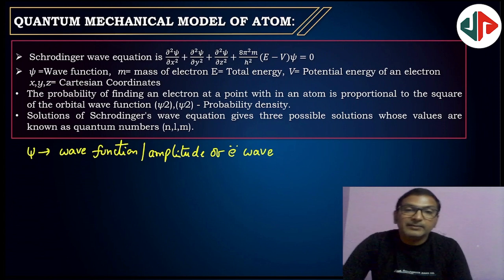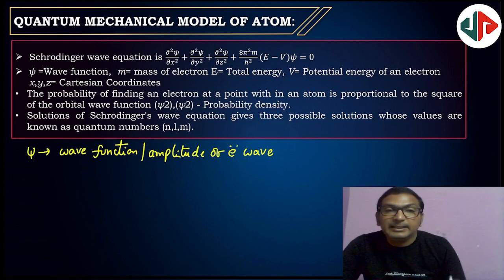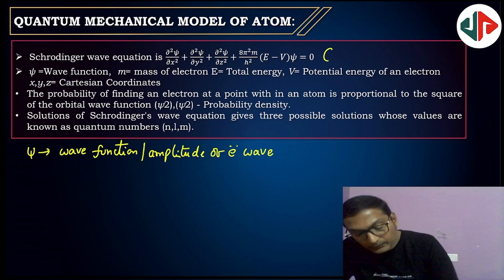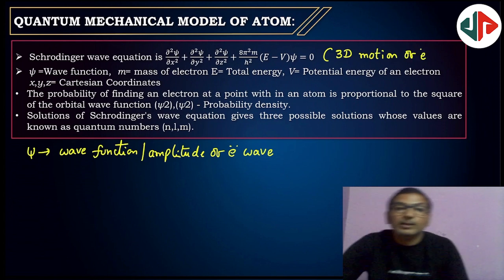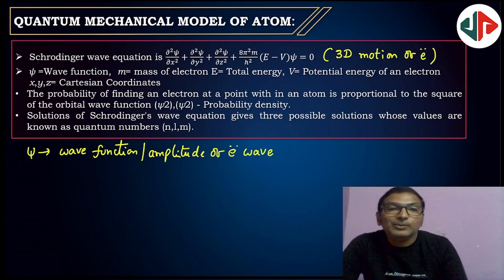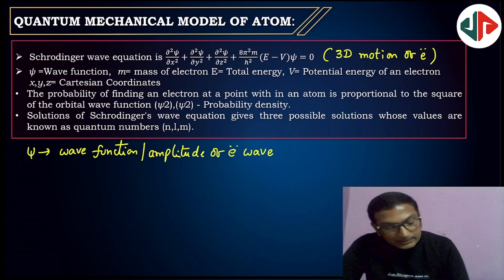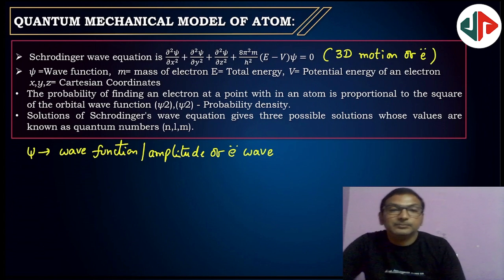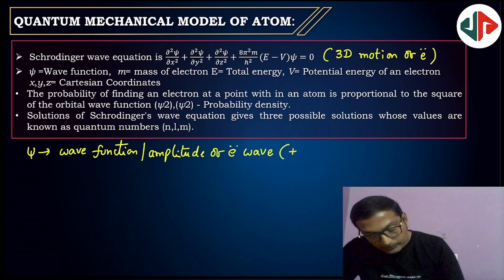So Schrodinger's wave equation represents three-dimensional motion of electron. Important point: psi is wave function or amplitude of electron wave. It can be positive or negative.